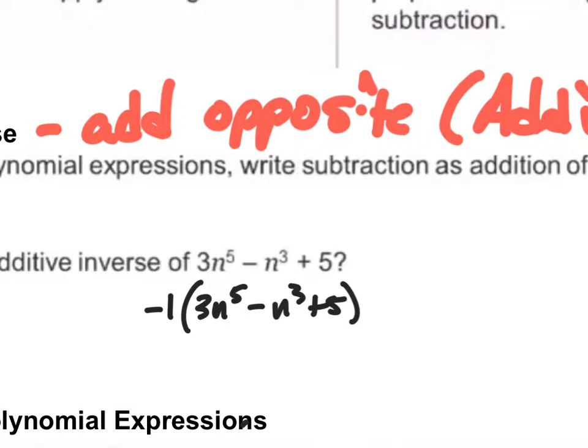If I distribute my -1, that gives us -3n to the fifth plus n cubed, and then minus 5. And if I add this quantity, it's like me subtracting the original.